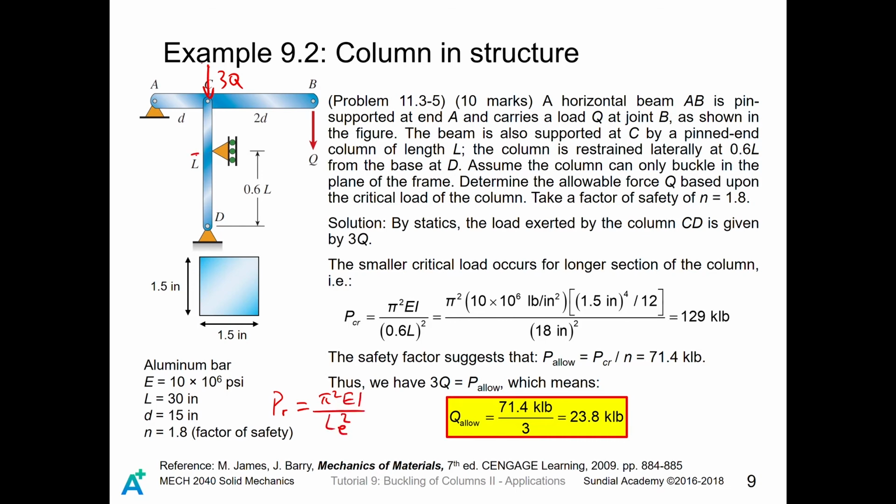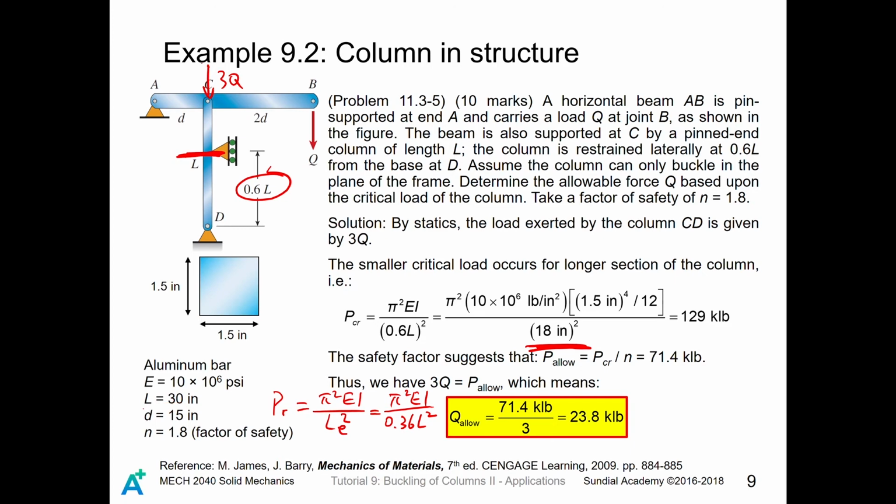The length is 0.6 L, so it becomes π²EI divided by 0.36 L². And you put in everything you know, L equals 30 inches as given.